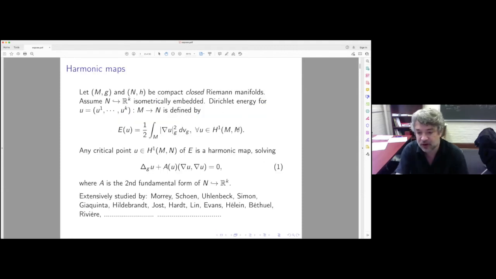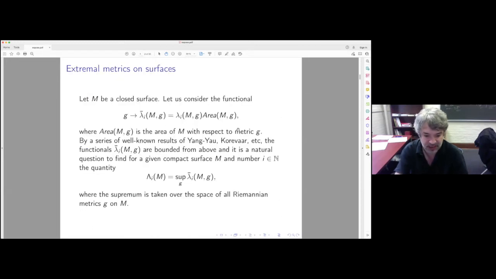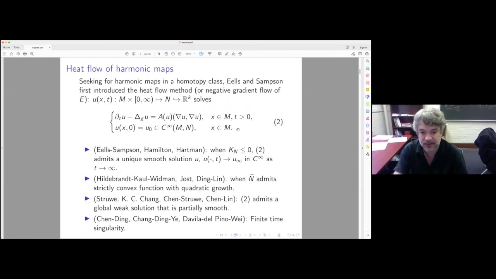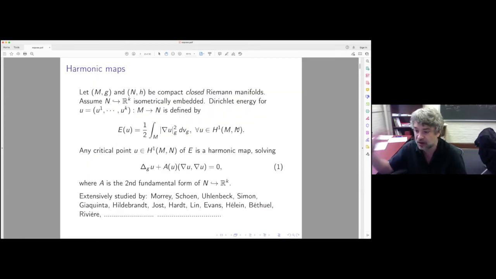It's a good question. If you take the target to be the hyperbolic plane, there is no finite energy harmonic maps. So this result that I was mentioning, if the target is non-compact, you have no finite energy.